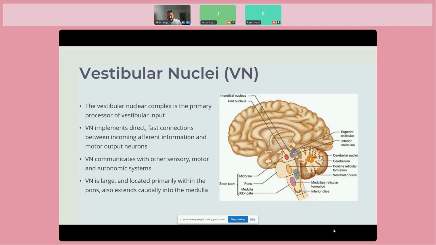So the next question that I have for you, or probably you can answer yourself, is which portion is the brain for the vestibular system? We know for the auditory system, it's the auditory cortex in the brain. But is the brain the actual processing unit for the vestibular system?